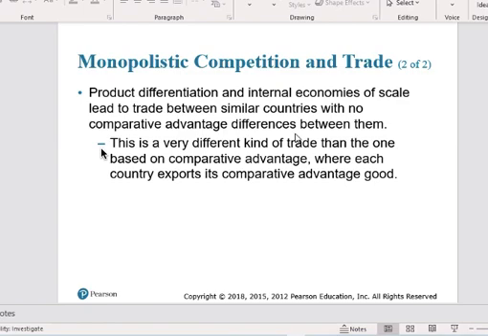We can still trade and still gain from trade through product differentiation and economies of scale. So we don't need any of the previous comparative advantage that we learned in the previous chapters. This is a very different kind of trade from the one based on comparative advantage, where each country exports its comparative advantage good.